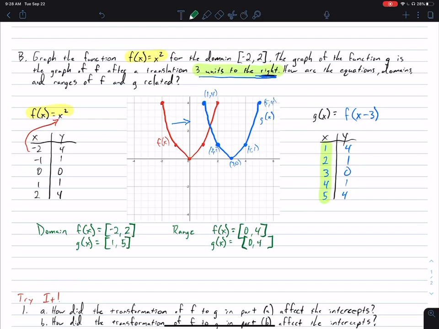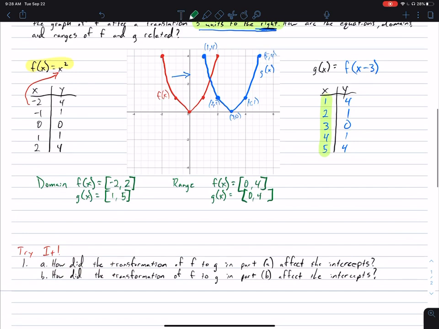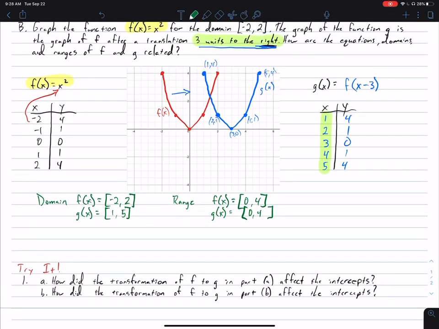So if we go back to here, we were talking about translations in this part. That plus k meant up or down. For translations left and right, horizontal translations, if you have a number inside, so plus or minus an h value, that is going to tell you it shifts left or right. Now, unfortunately, it is backwards.